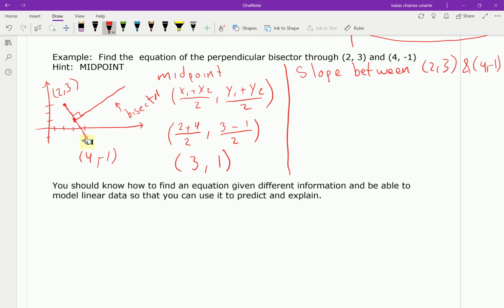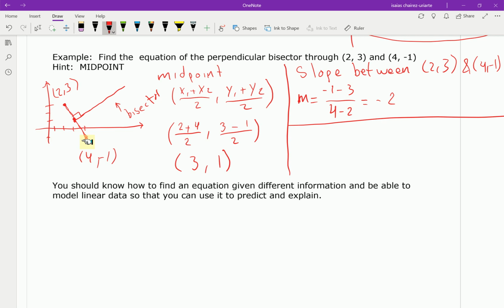That slope is -1 minus 3 over 4 minus 2. And if you simplify this, it ends up being -2.